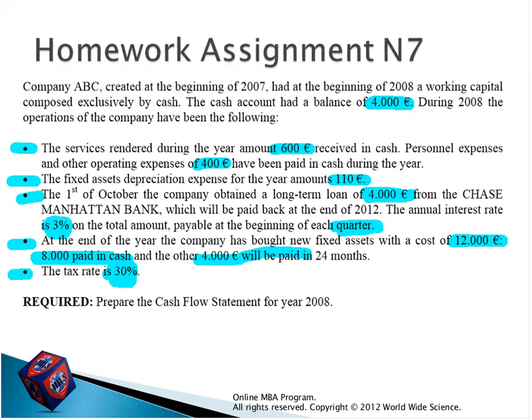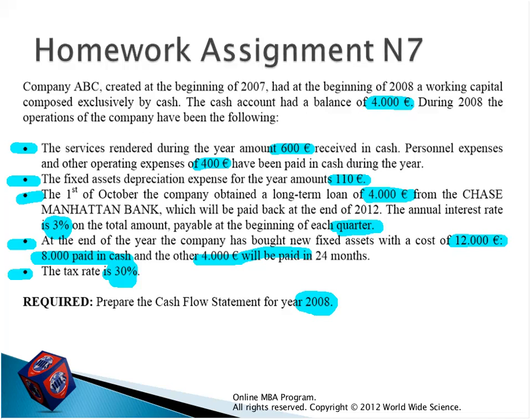So here it is required that you prepare the cash flow statement for the year 2008. This is very important. We prepare the cash flows for all the transactions made only in the year 2008.